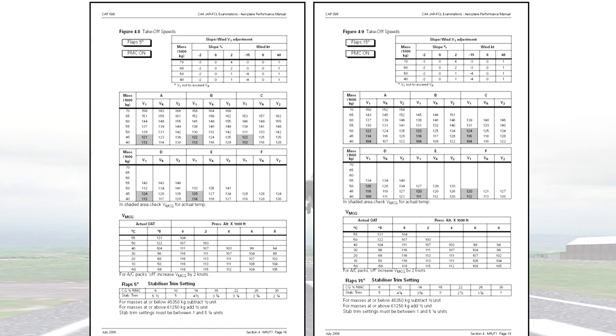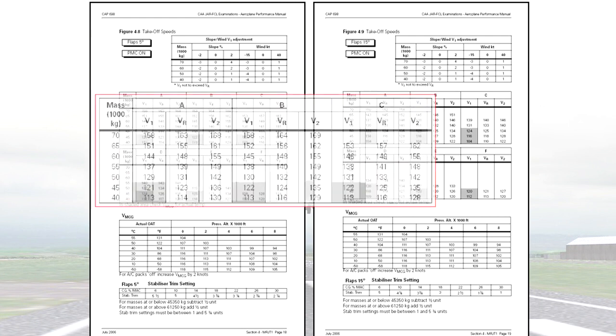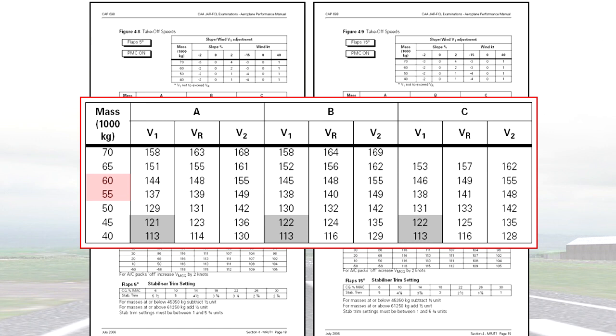On the speed tables, for a 5 degrees flap setting, identify the column for speed band B. The left-hand side scale of the speed table is mass. Notice that our example regulated takeoff mass of 57,900 lies between 55 and 60,000 kilogram marks.